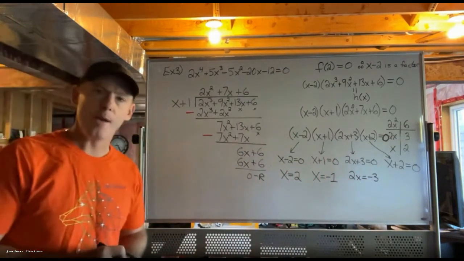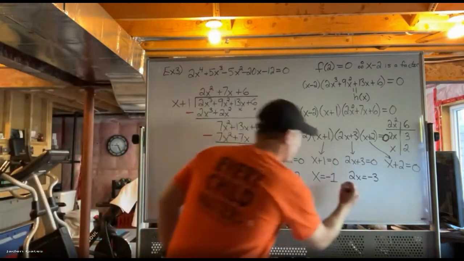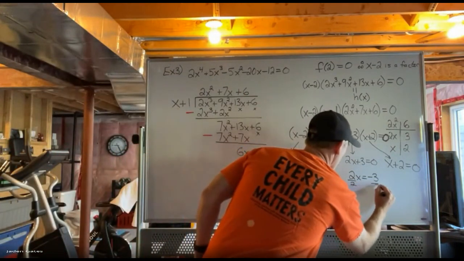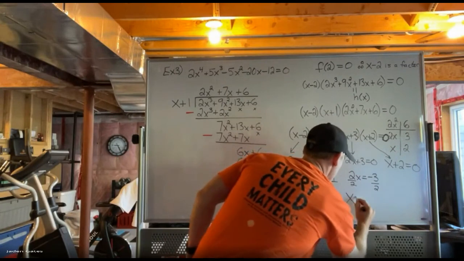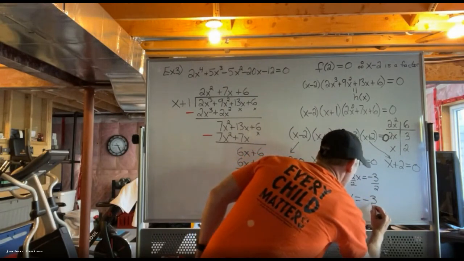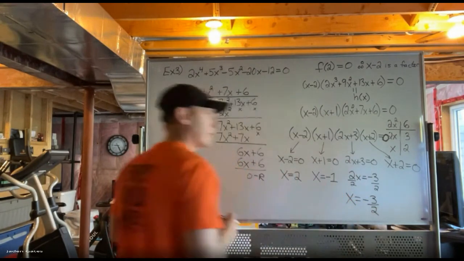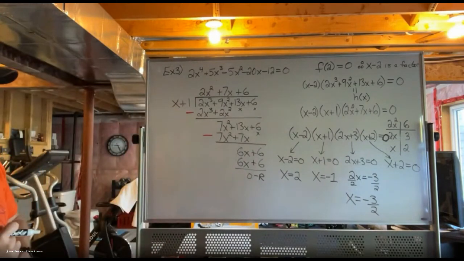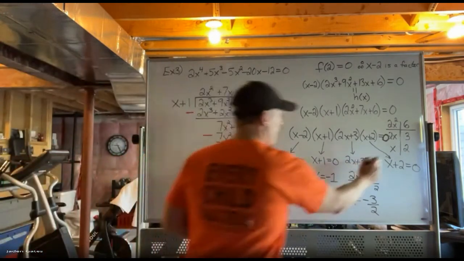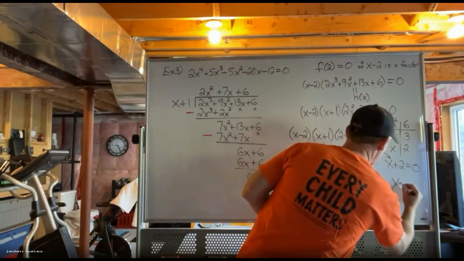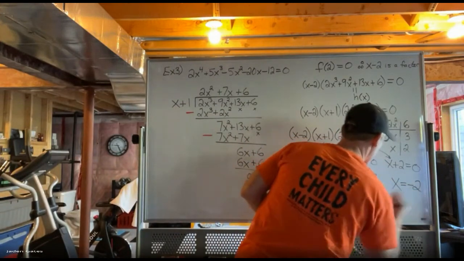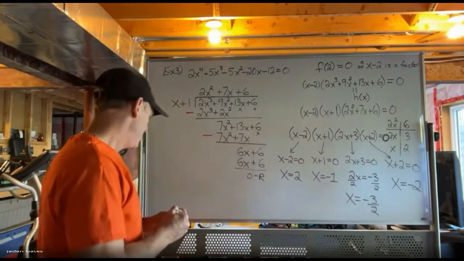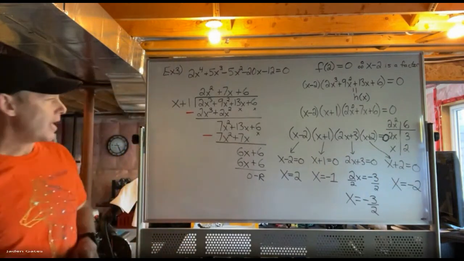Then I divide both sides by 2, and I get x is equal to negative 3 over 2. And then the last piece, x plus 2. I bring the 2 over to the other side, and I get x equals negative 2. And that's the final answers.